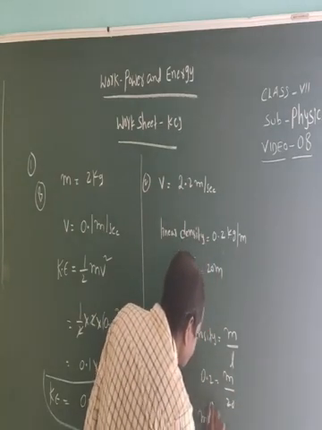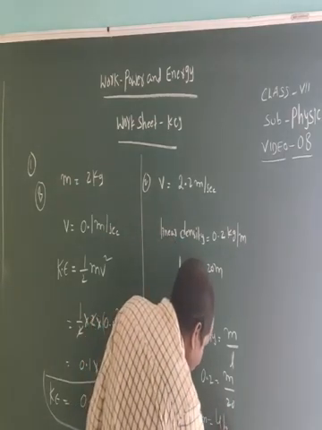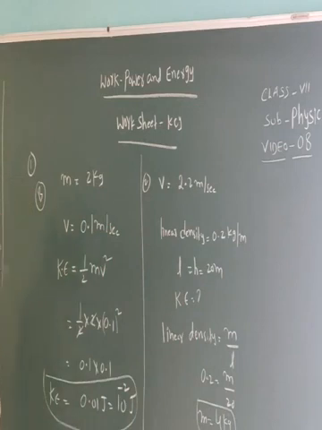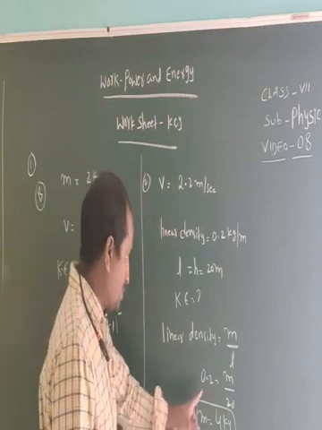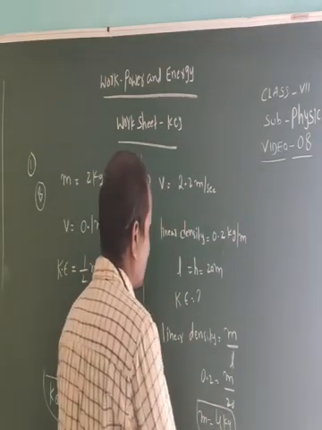Therefore m equal to, doing transposition here, 20 into 0.2 that equal to 4 kg. So from linear density and height or length, we get the mass value.